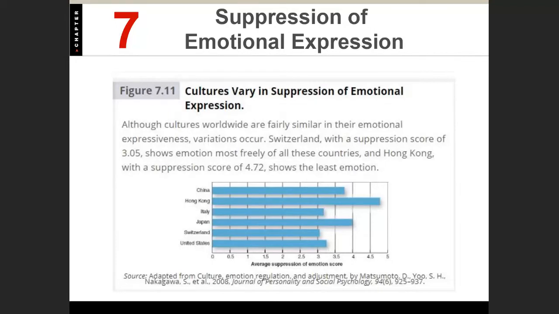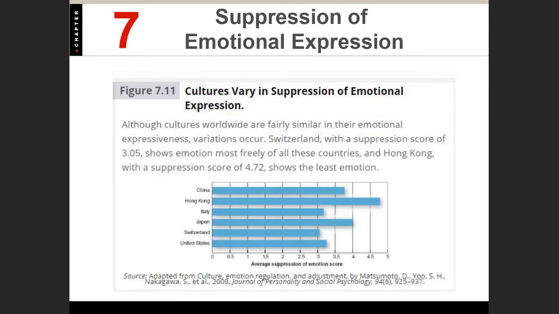So, in the textbook, there's a really nice bar chart that shows you that various cultures around the world express emotions much more demonstrably than others. So, for example, this bar right here shows you that in Hong Kong, emotional suppression is very large, and so it's not real appropriate within their culture for people to display their emotions in a really large way.